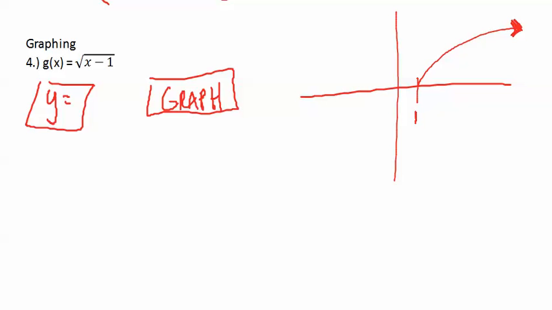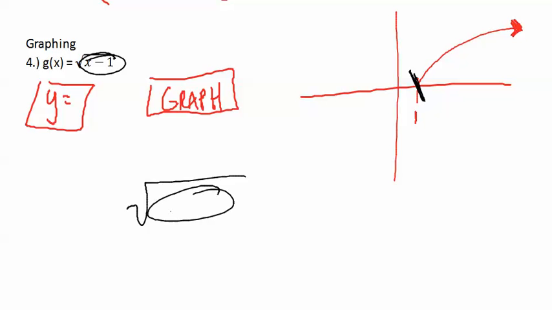Now, the reason why that is, if it starts right at 1, think about the last video we've done. If I have the square root of a number, what can go under here? Well, it can be any number that is not negative. Can't be a negative number. So what that means is it could be greater than or equal to 0.